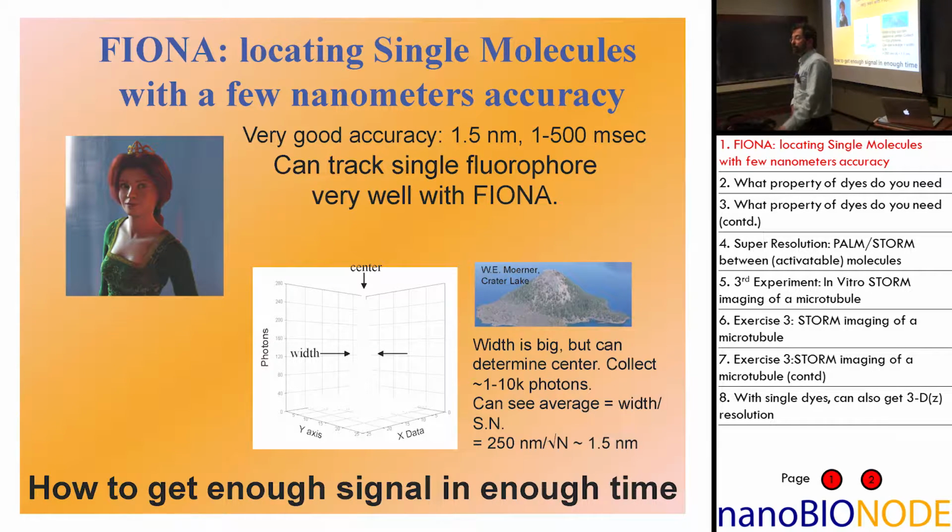What's that? Nanoseconds. So in general, if a dye has, let's say, a nanosecond lifetime, that means it can put out 1 over a nanosecond, or 1 billion photons per second. It won't last in general, but it can put out that many.